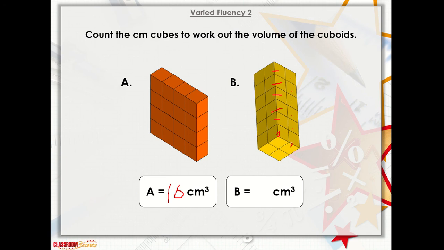I've got 12 cubes on the top layer. Remember, I'm counting the cubes, not the faces. So if I've got 12 on the top layer, it stands to reason I've got 12 underneath that they're sitting on. So I'm going to say there are 24 cubes there, which means that B is 24 centimetres cubed. Let's see if I'm right. And there we go.